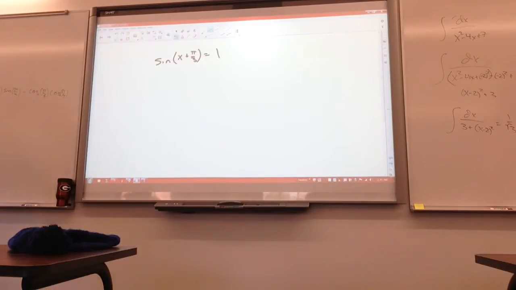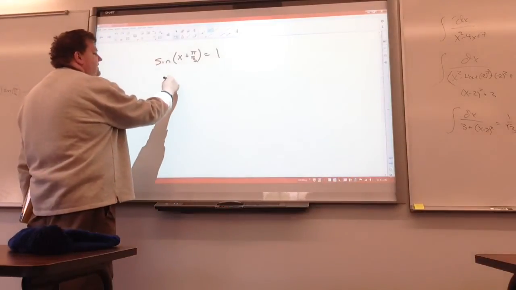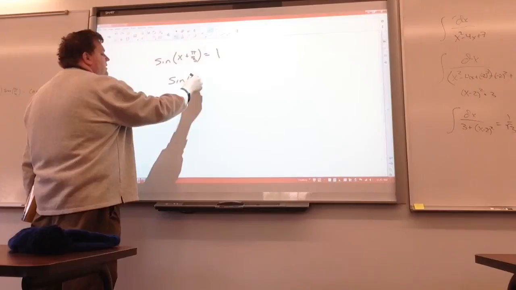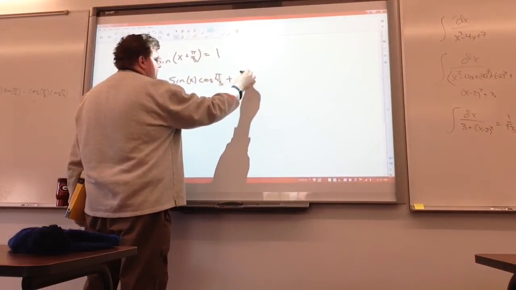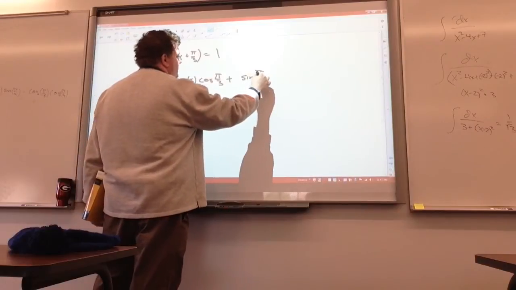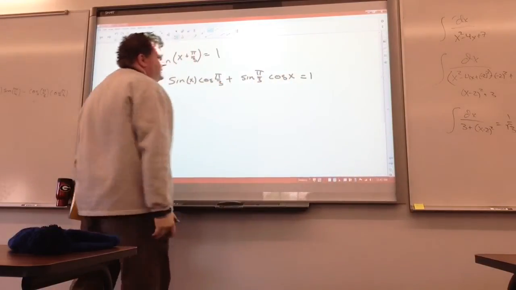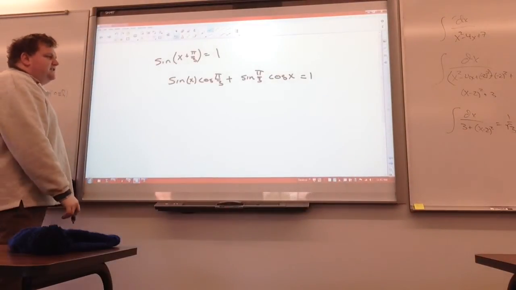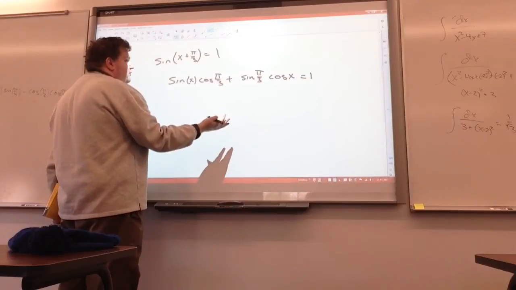But let's say you didn't know that. Well, you could do the sum and difference formula here. We could rewrite this as the sine of x cosine of pi over 3 plus the sine of pi over 3 cosine of x, all equal to 1. Each of these, we know what the cosine of pi over 3 and the sine of pi over 3 are, so I can make those replacements.